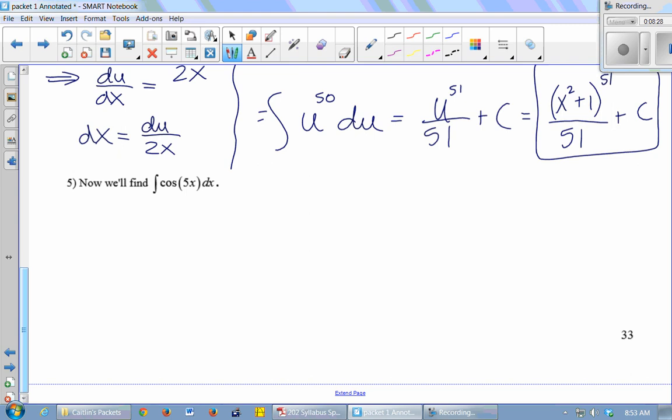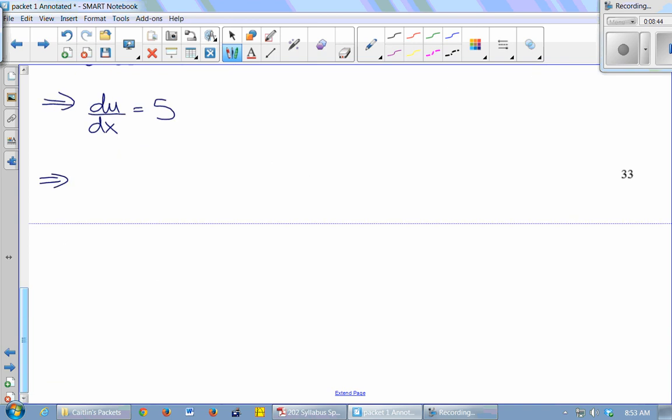That's okay. So in this case, we're going to choose let u be 5x, which means du dx is 5, which means that dx would be du over 5.